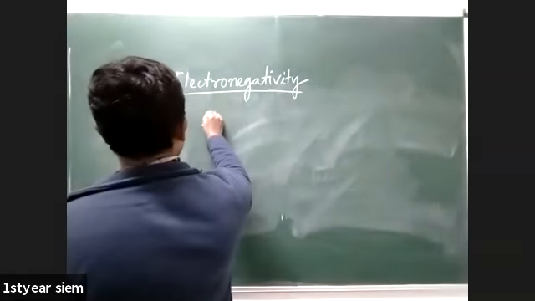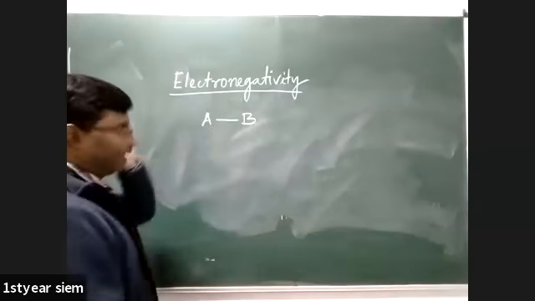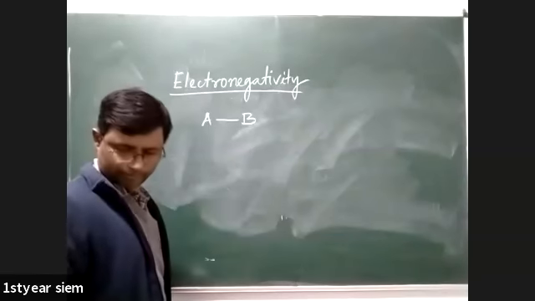Suppose A and B are bonded with each other by a covalent bond. How many electrons are there in the covalent bond? Two, sir. Minimum two.